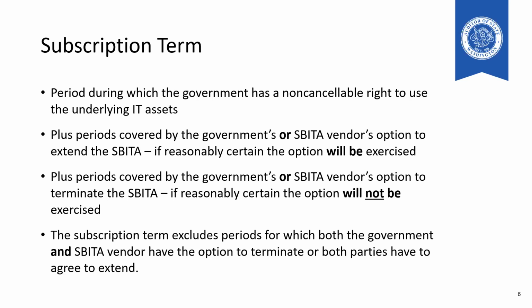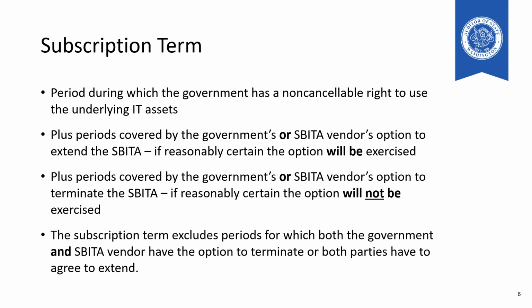Then you will also add on any extension options if you're reasonably certain that extension option will be exercised. So for example, let's say your initial contract is 3 years, and you have the option to extend for another 3 years. If you're reasonably certain you will exercise that option, the subscription term is 6 years.